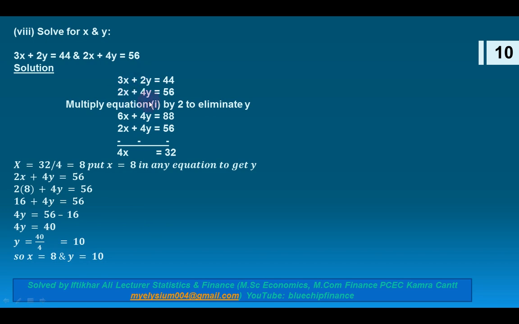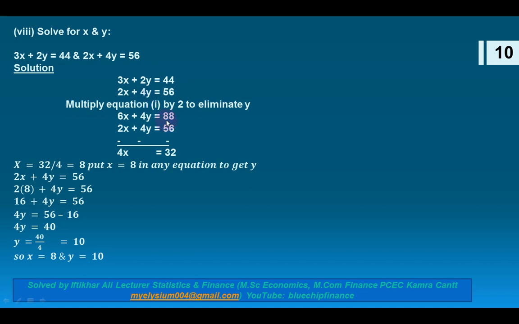We should eliminate one variable from these equations to get the value of the other remaining variable. So we multiply equation number 1 by 2 to eliminate y. If we multiply the first equation by 2, this 2y will become 4y, and after changing the sign we can eliminate this variable y.